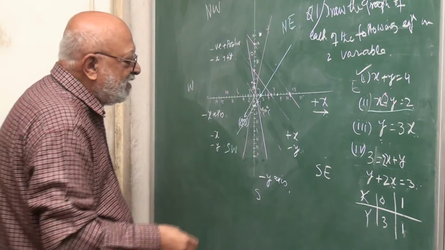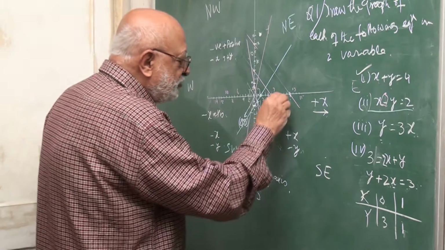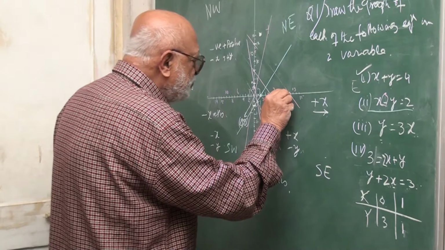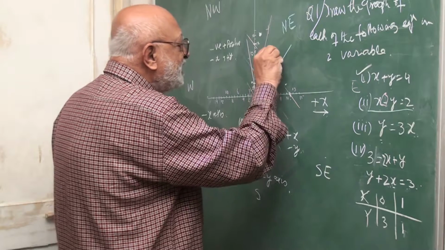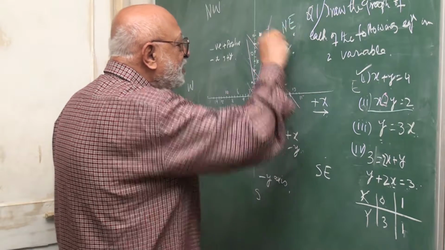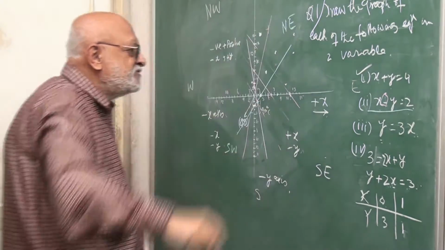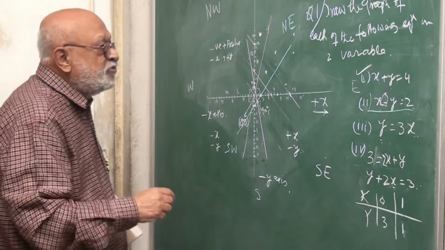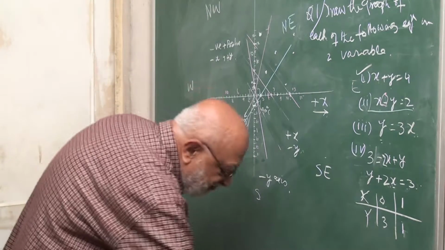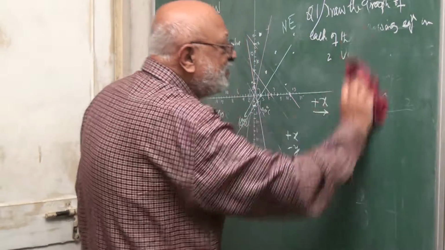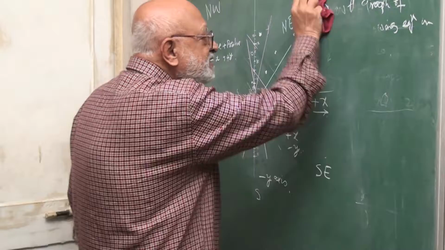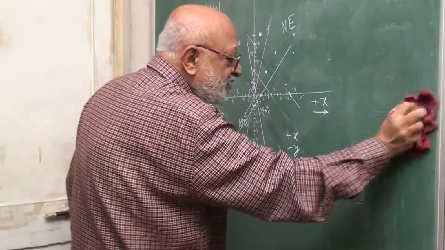I can take a point here, here, and here, and keep on passing through. So question number 2 will give you an infinite number of lines you can pass through. You can give any two equations.